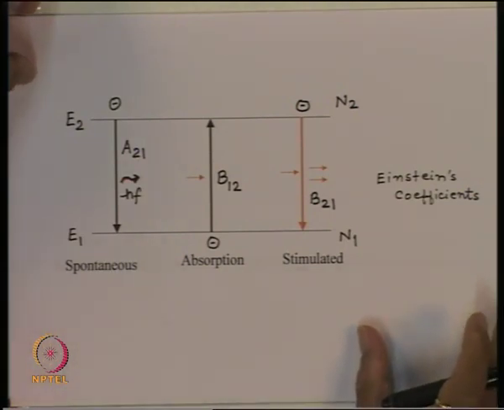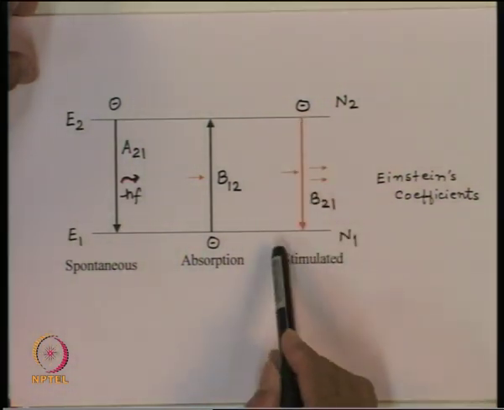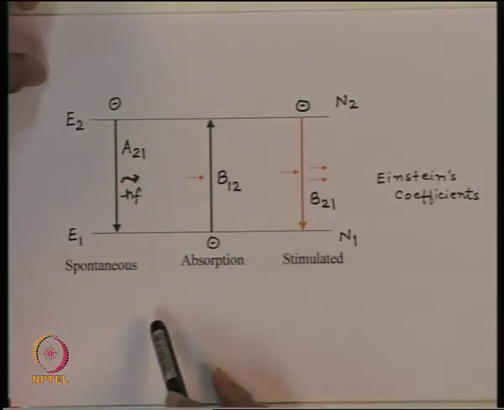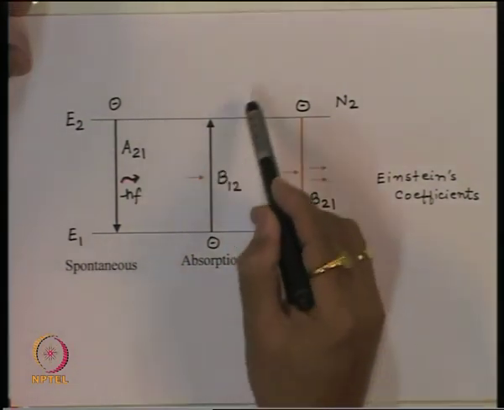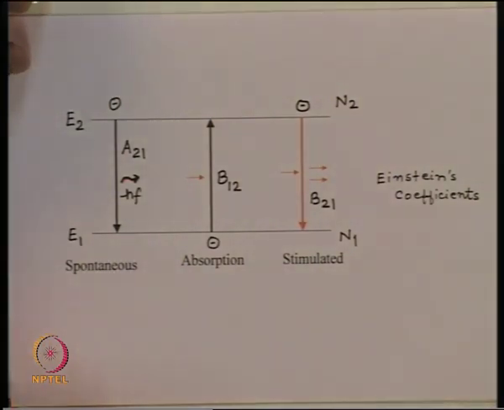One can now ask a very basic question. If I have to create population inversion, since naturally the electrons are going to be on the ground state here, by some mechanism I must transport the electrons to the upper level. What is the mechanism by which I can transport the electrons?